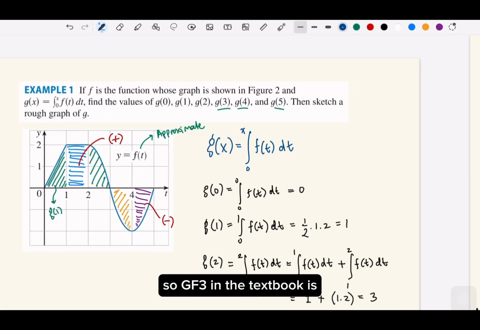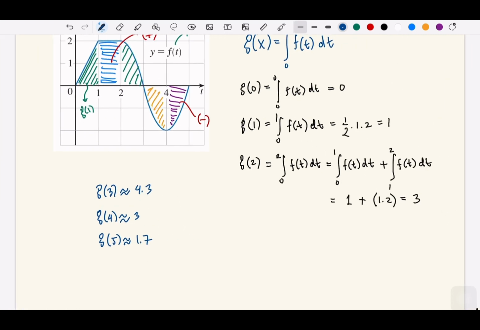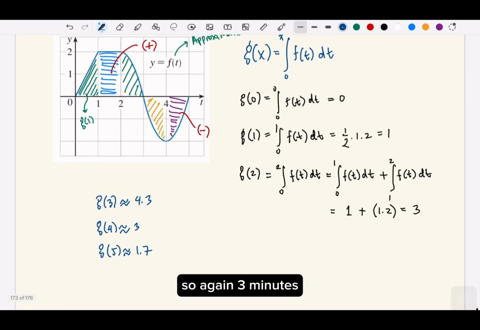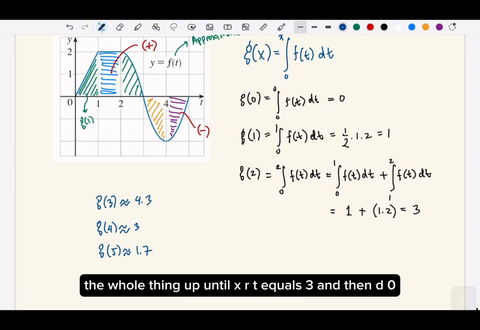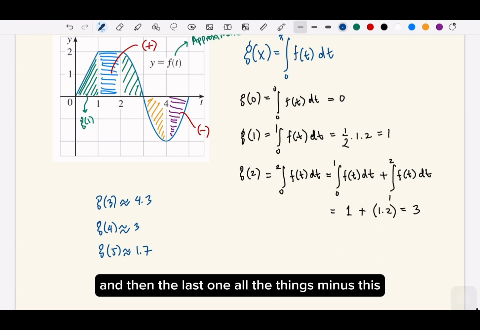So g of 3 in the textbook is 4.3, it's 3, 1.7. So again, this g of 3 means the whole thing up until x or t equals 3, and then g of 4 is all the things, the first one minus this. And then this last one, all the things minus this.